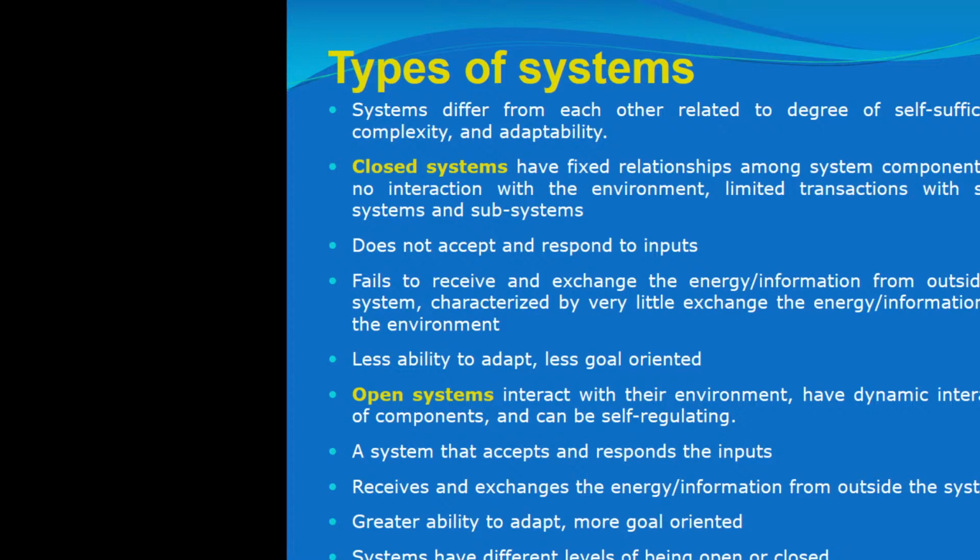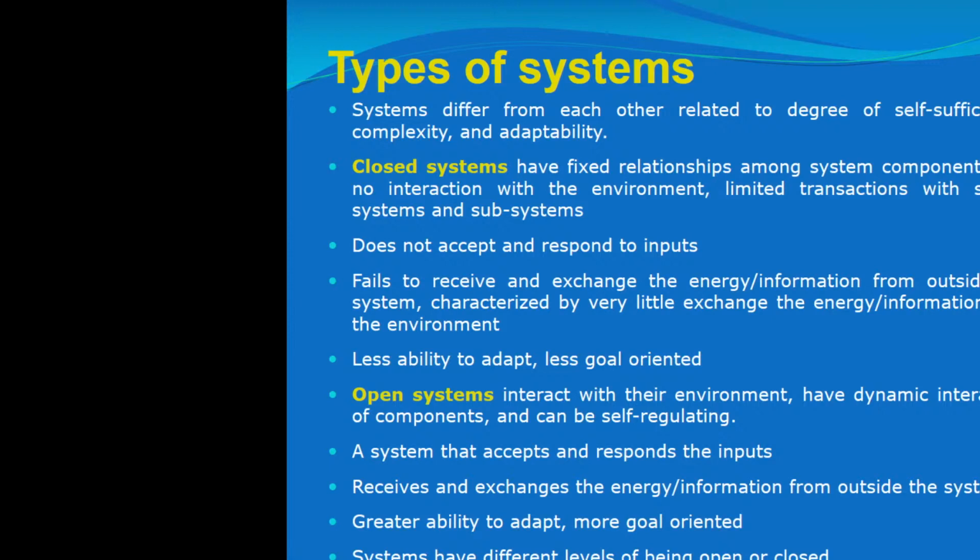Types of systems. Systems differ from each other related to degree of self-sufficiency, complexity, and adaptability. Closed systems have fixed relationships among system components and no interaction with the environment, with limited transactions with suprasystems and subsystems.